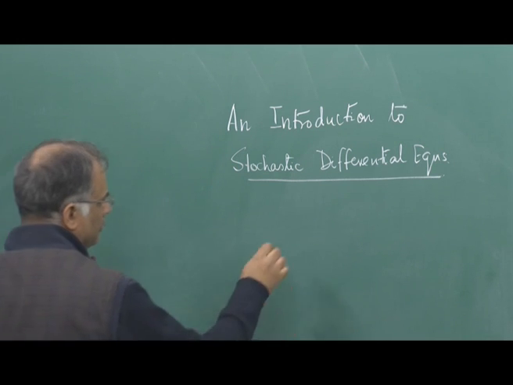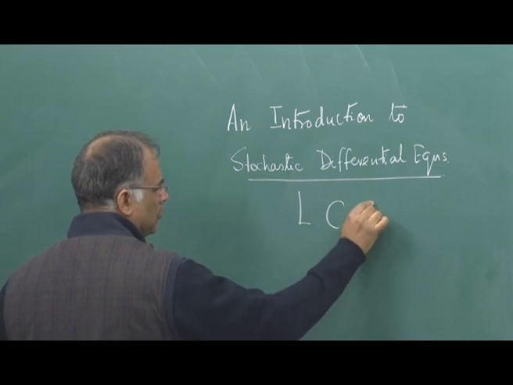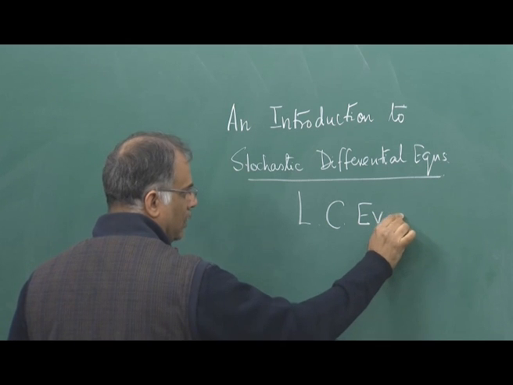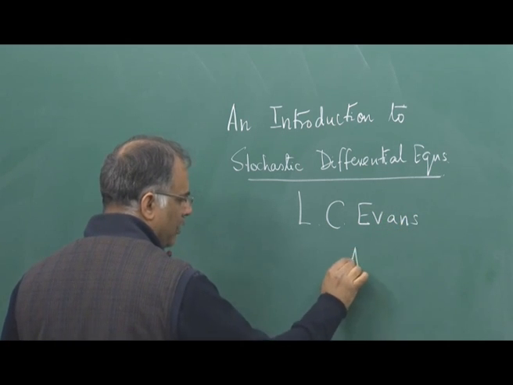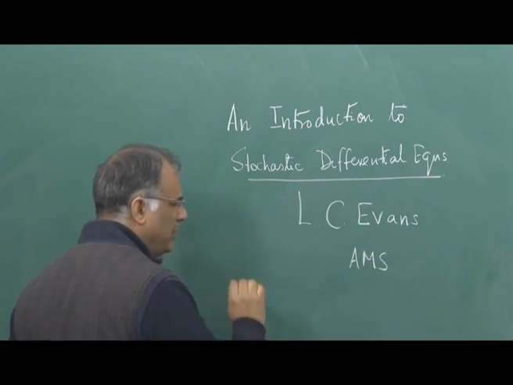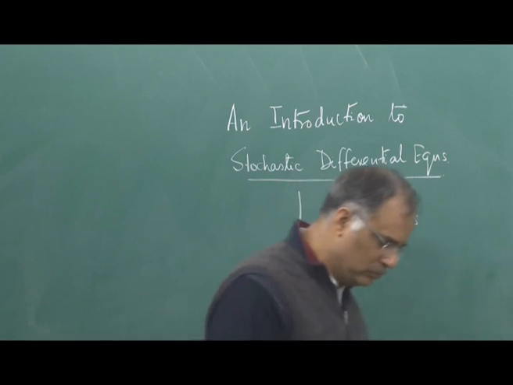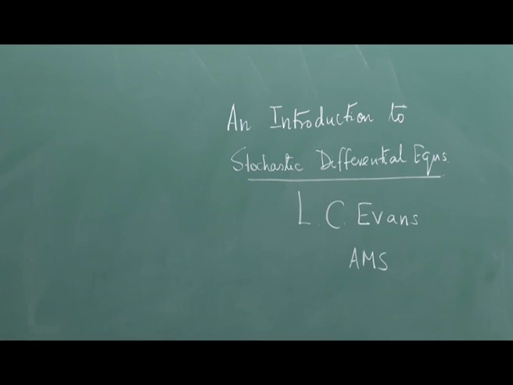This book is published by the American Mathematical Society. I do not expect you to have this book with you, but I will in general follow this book, except maybe a little bit of material taken from some other sources.